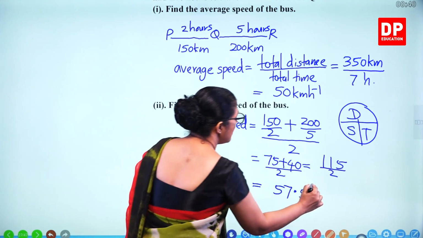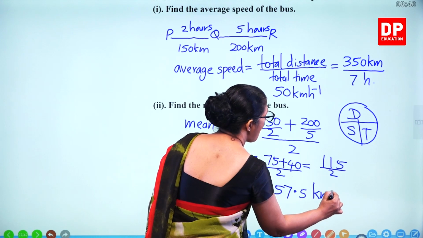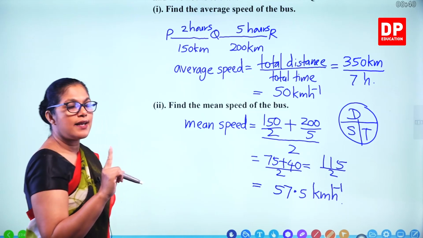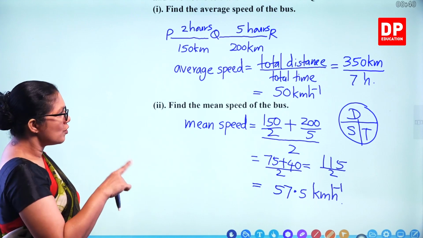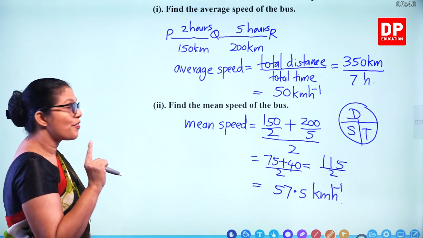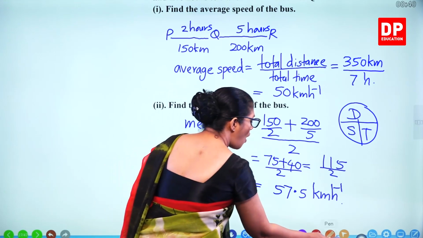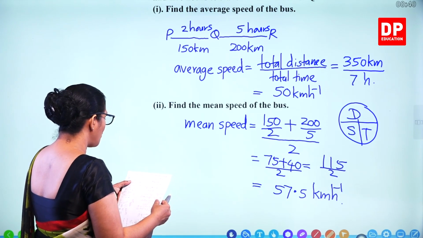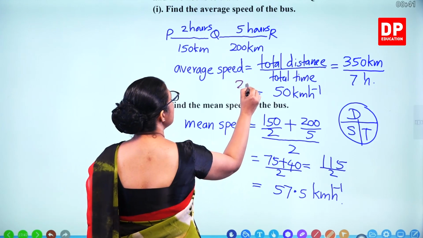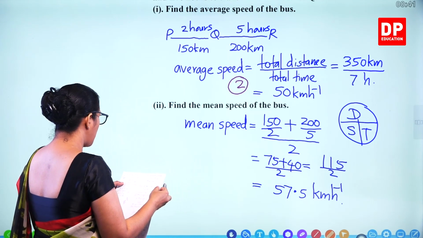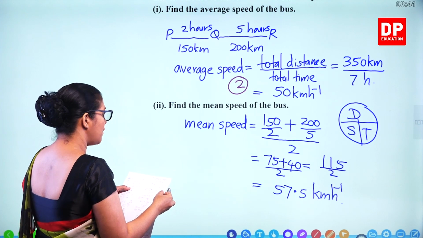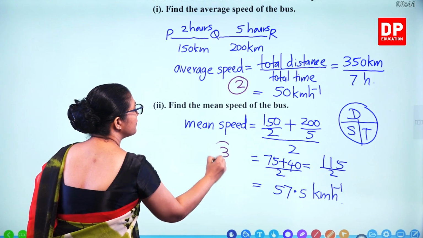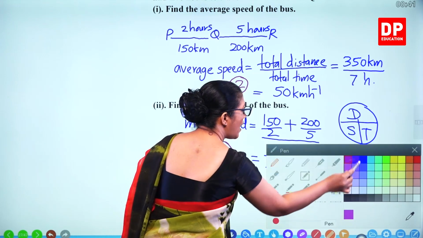So 57.5 kilometers per hour. This is also speed, kilometers per hour. So look at the values. Those are not the same. So how many marks can you get for this one? You get 2 marks for finding 50 kilometers per hour, and finding 57.5 you get 3 marks. So altogether 5 marks for part A.